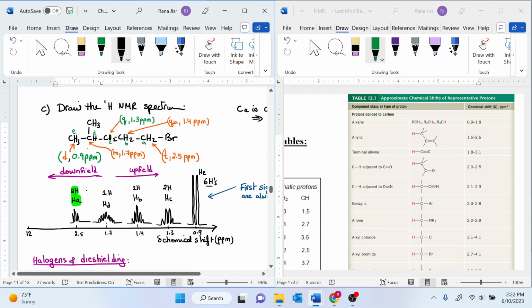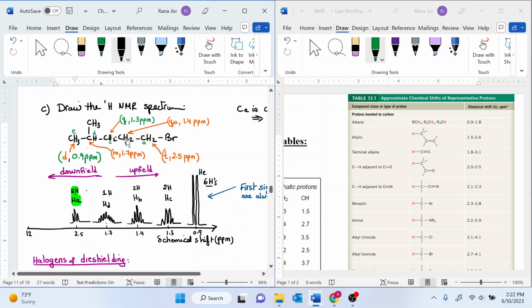So it's going to be a quartet, and it is a CH2 in here. And since it is a CH2, it's going to be a little bit shifted further downfield because now it's becoming closer to the bromine. So I'm expecting its signal to be between 1.2 and 1.3 parts per million.